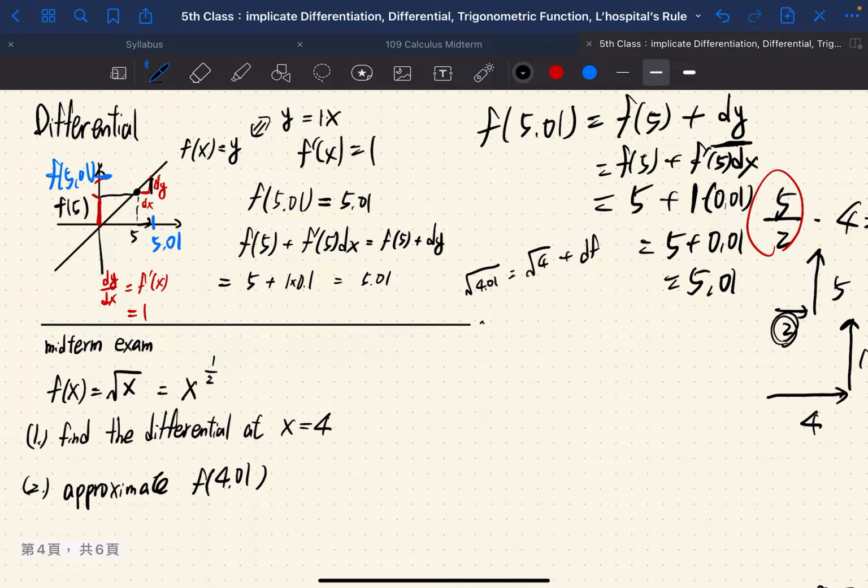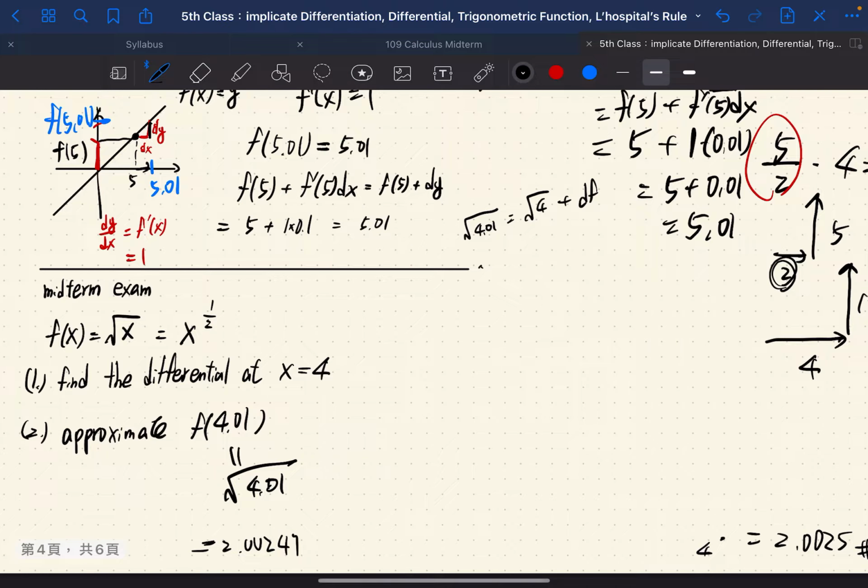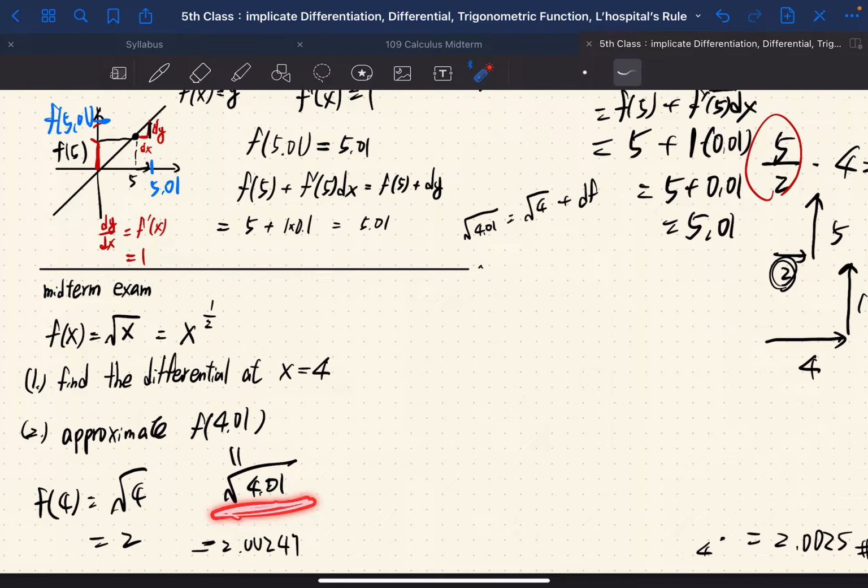If we just ask you what is the answer of this one, it looks hard, right? But if we ask you what is the answer of f of 4, you know that it is too easy, right? So we want to use the simple one to approximate this one.